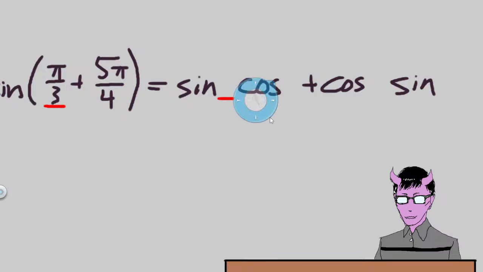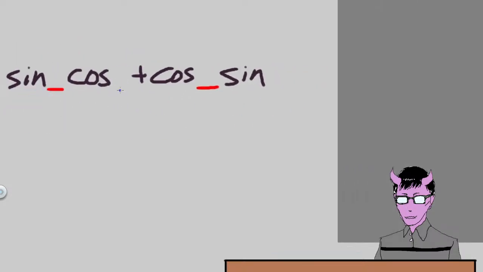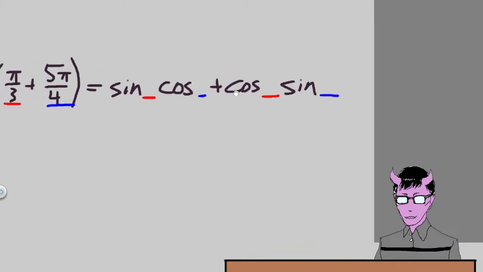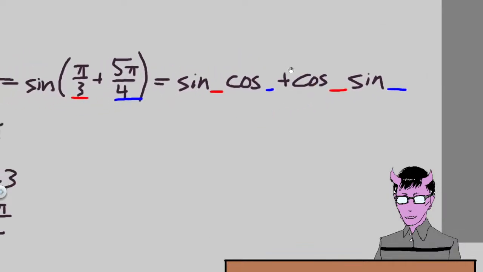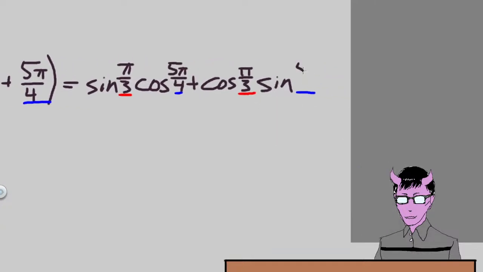Term number 1. Term number 2. And here we go. Copy, paste. Right there and right there. And then 5 pi over 4, here and here.